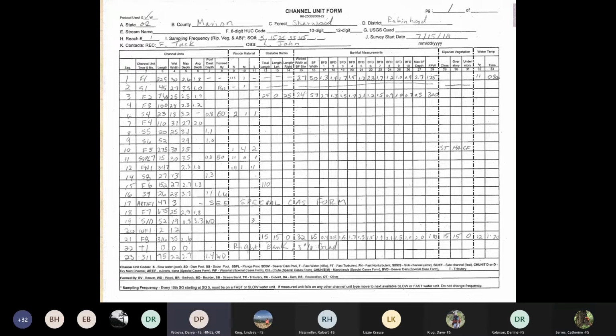It's missing numbers. Yep, there's a lot of missing numbers, right? Well, the header isn't filled out, for one thing. That's a good catch. The stream name is not filled out, the header's not filled out completely. You can skip the hooks and stuff, but you definitely don't want to skip the stream name. That's really important. I don't want to see a data sheet laying around and not have a stream name on it.